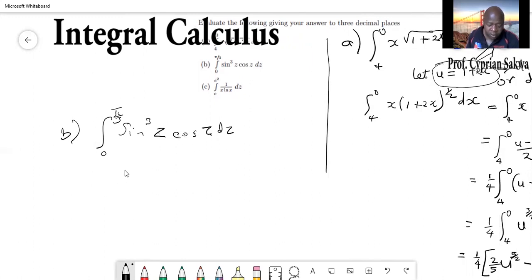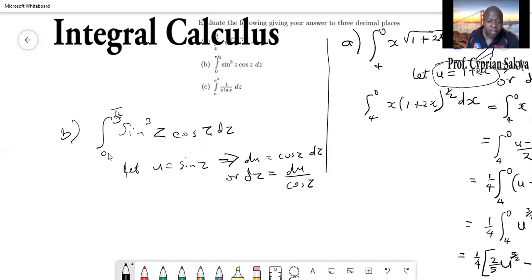So for us to get rid of cos, we would say let u be sine z. If u is sine z, differentiating this would give us du equals cos z dz, or that dz equals du over cos z.